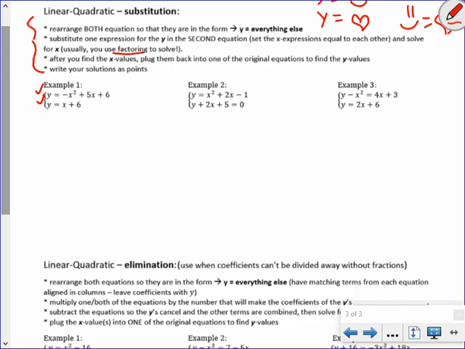So the first thing I'm going to do is say that negative x squared plus 5x plus 6 is equal to x. Both of these things are equal to each other because they're both equal to y, just like this little diagram up here. Okay. Now I only have one variable, just x, so that will help me solve. How do I solve that? Think back to what we did at the end of last year.